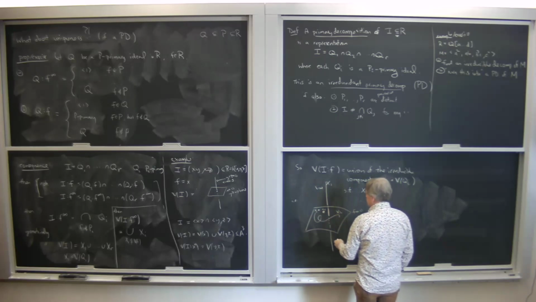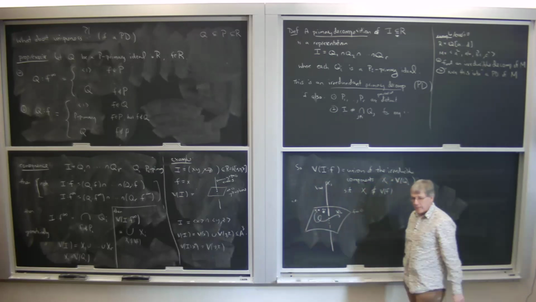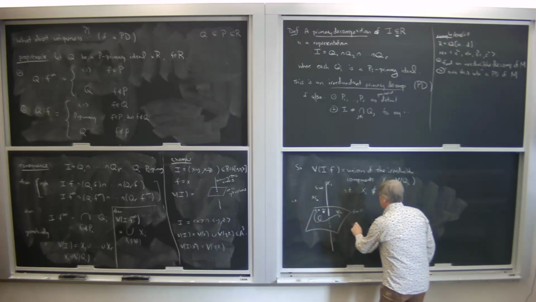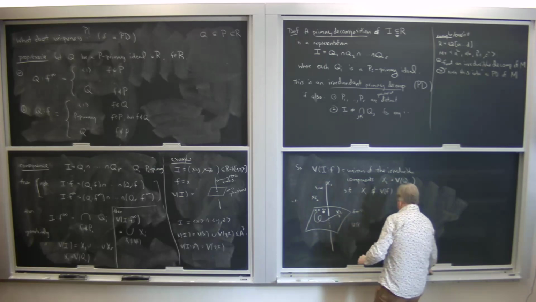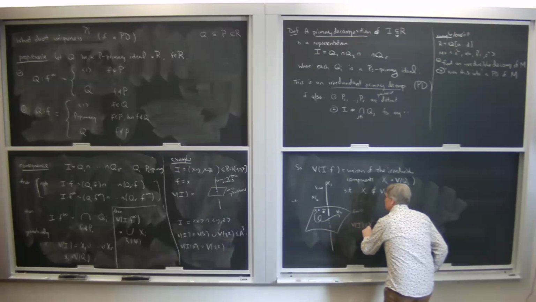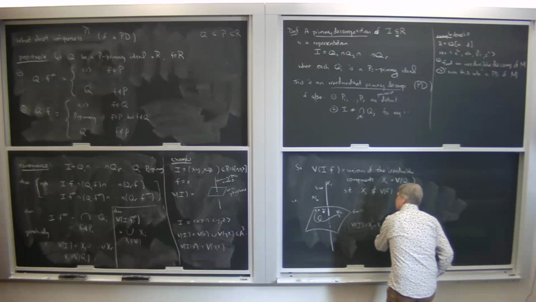Oh no, let's say we have another point outside of the plane, x5. So the zero set of I, we don't know what I is, but the zero set of whatever ideal it is going to be equal to x1 union x2 union x3 union x4 union x5.